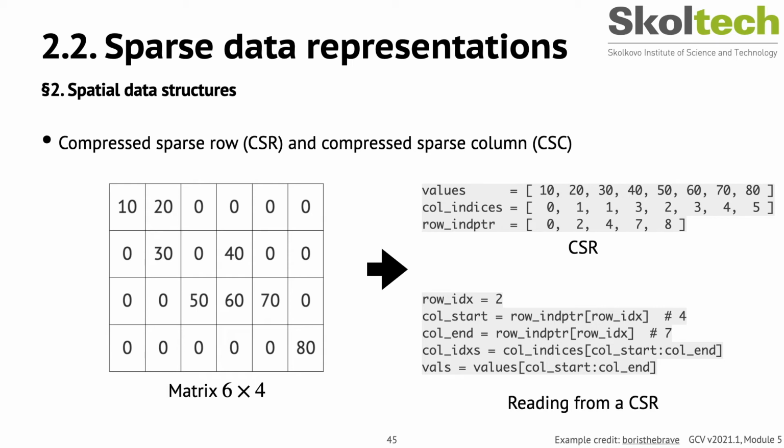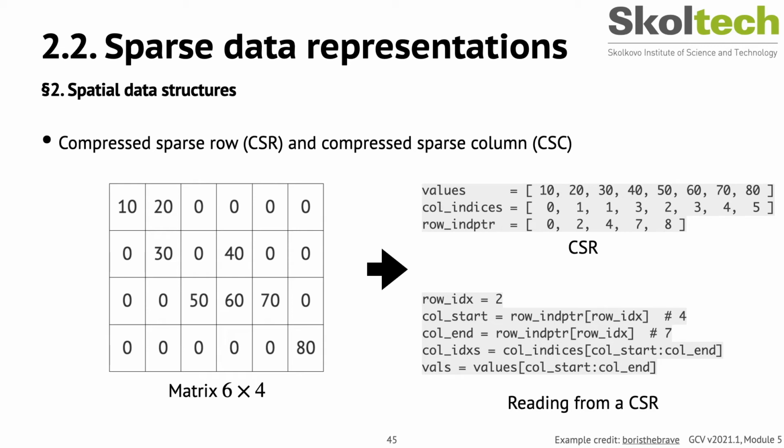4, 5. Then the final array has size row count plus 1. In this case, we have 4 rows, which means we have 5 values in the row index pointer. Each entry in this array represents a row in the original matrix and indicates the first value in the value array that belongs to that row. To read values from a given row back out, we first read a pair of values from the row index pointer array, and then use those to slice the other two arrays.